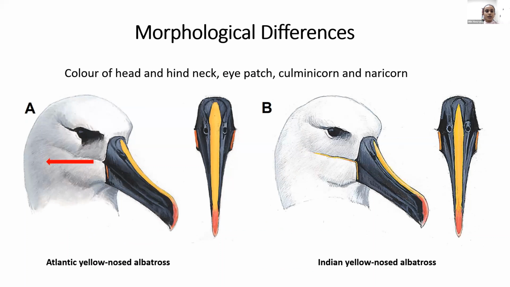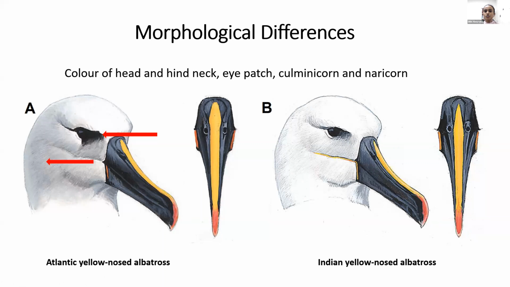The eye patch of the Atlantic yellow-nosed albatross is darker and triangular, but in the Indian yellow-nosed albatross the eye patch is not that prominent and not that sharp. These two features, the color of the head and the shape of the eye patch, can be used to distinguish only the adult birds of both species.